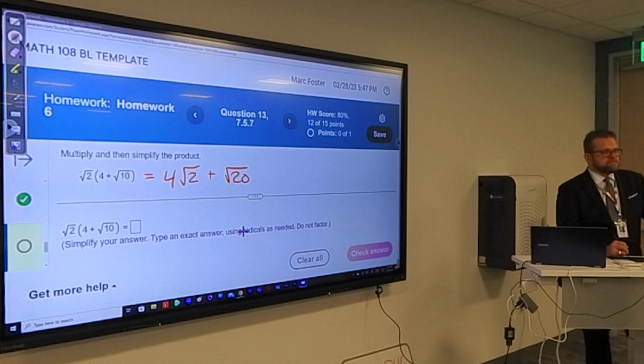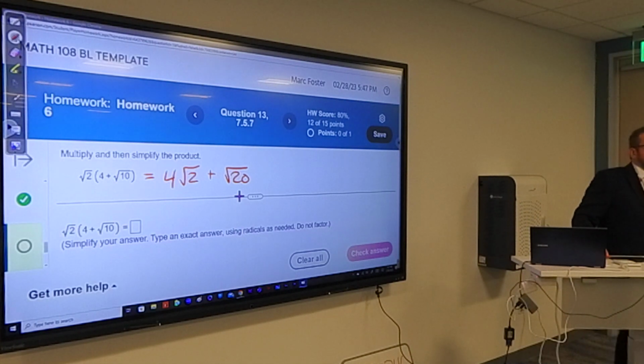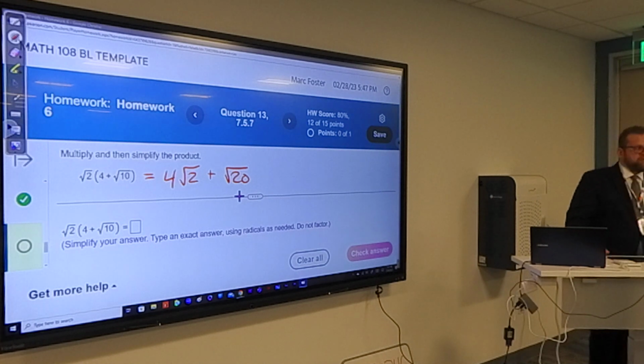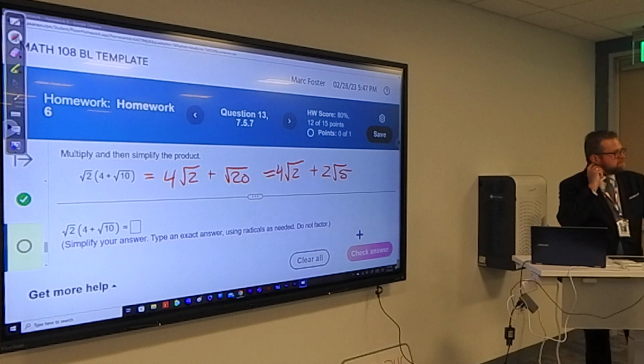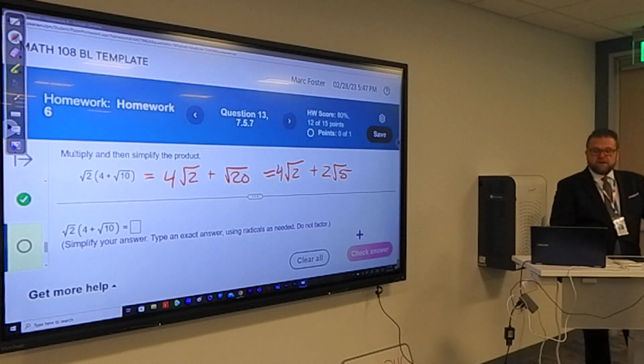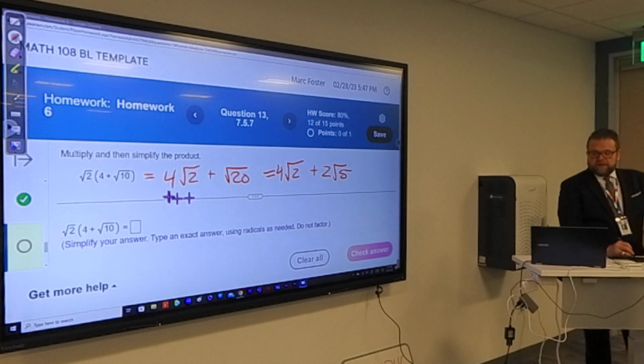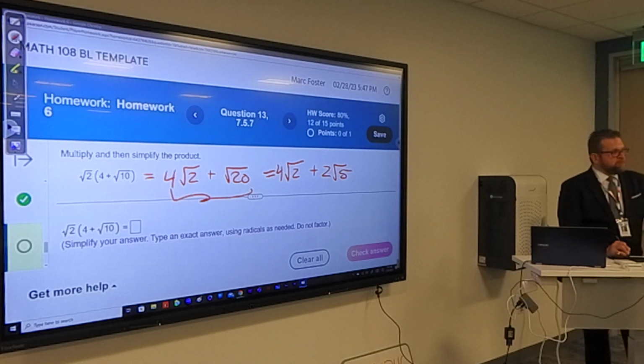What is root 20? 20 is 4 times 5, so the square root of 4 times square root of 5 is 2 root 5. There, we have multiplied by distribution and simplified.